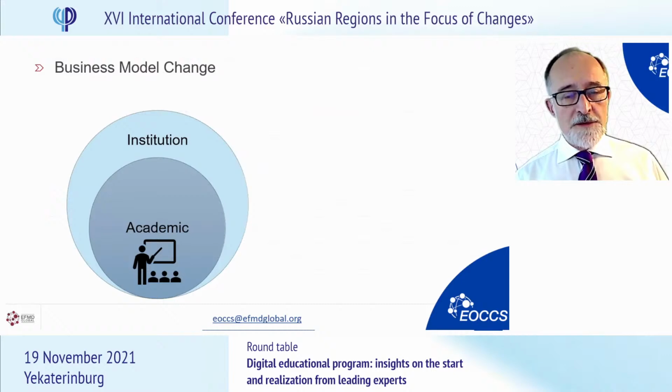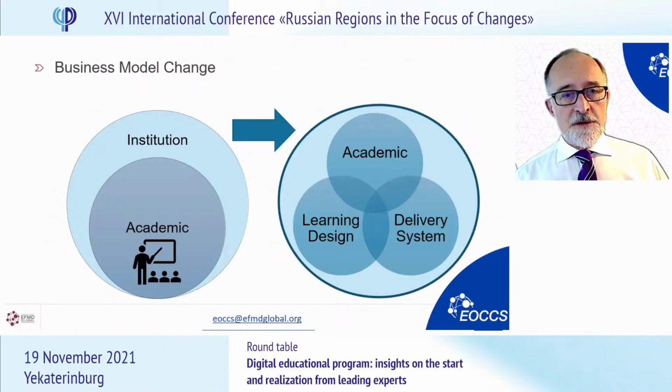Some universities are still practicing in this way. But what we've seen with successful digital universities and digital business schools is that those roles are split. We need to see the academic as what they do best, research, the knowledge base, the updating of knowledge. And then we see new roles coming into digital design, learning designers, those individuals that understand the needs of the teachers and the needs of the students, but also how the particular delivery system, the technology, can deliver that benefit.